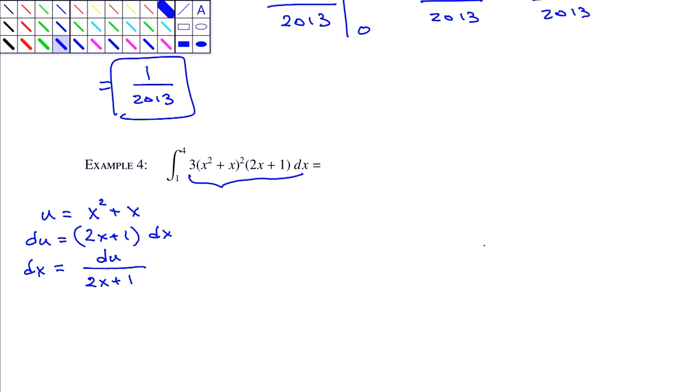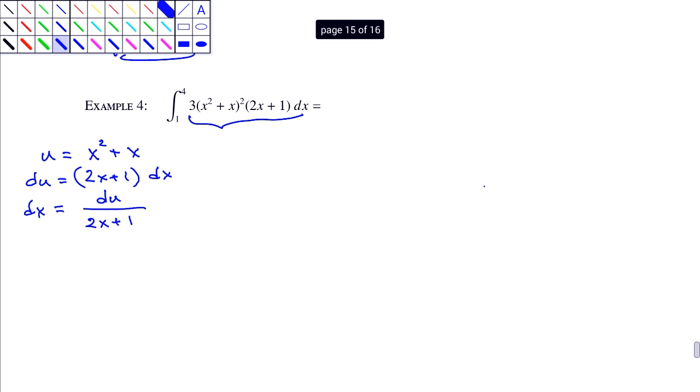Now, with a definite integral, we need to add 2 more steps. We need to find out what numbers should replace the 1 and the 4. The 1 and the 4 are x numbers. We're going to replace those with u's, so we just need to find out what u is when x is equal to each of these numbers.